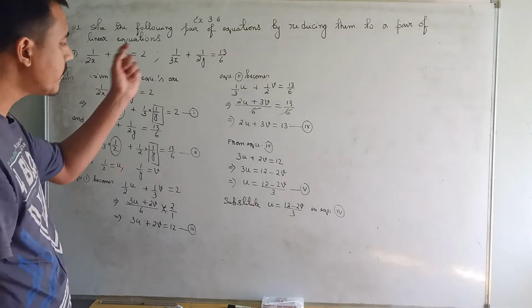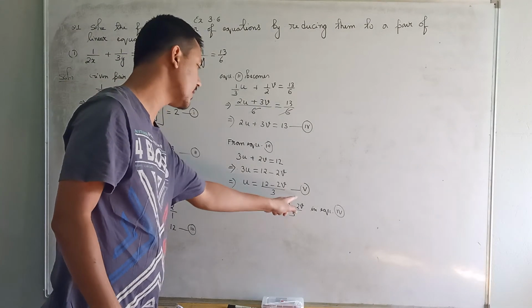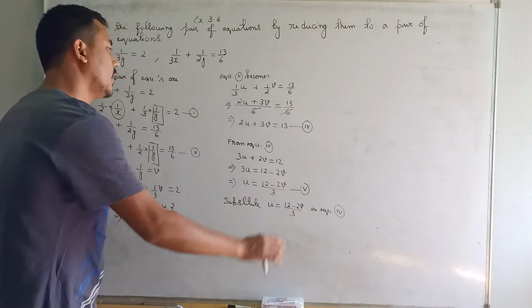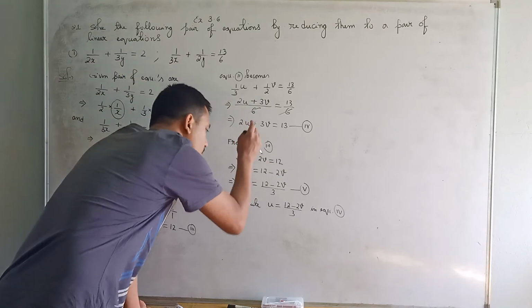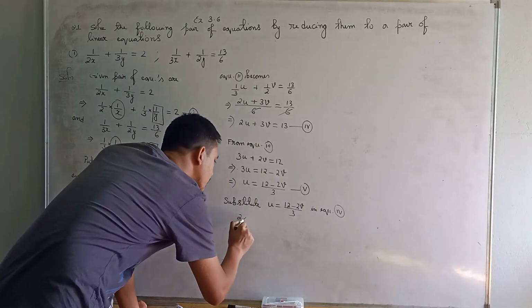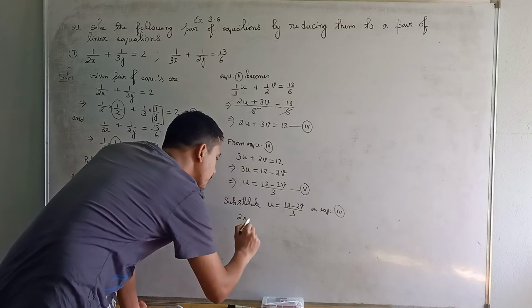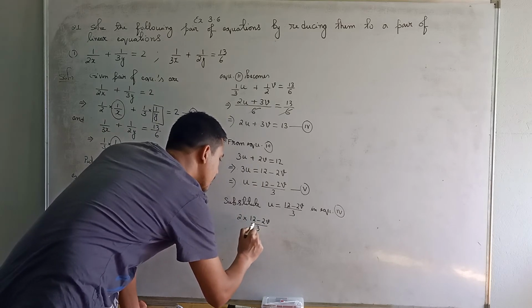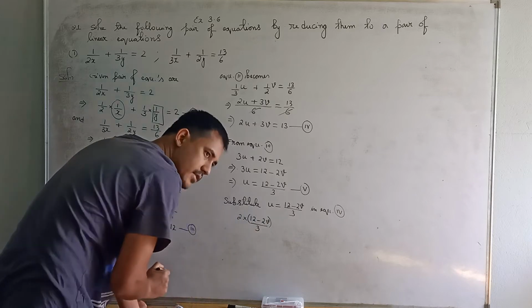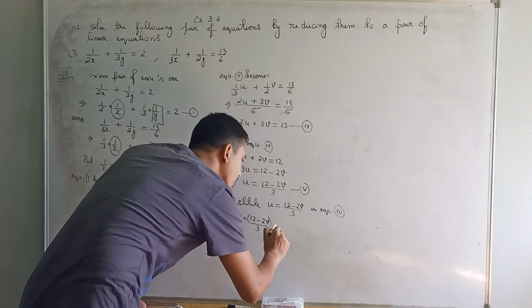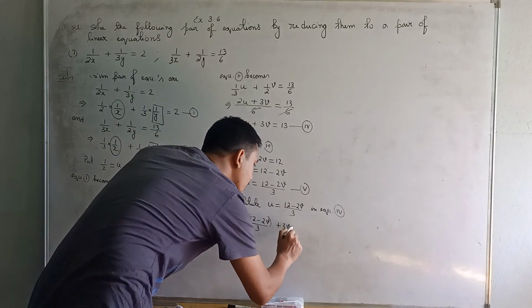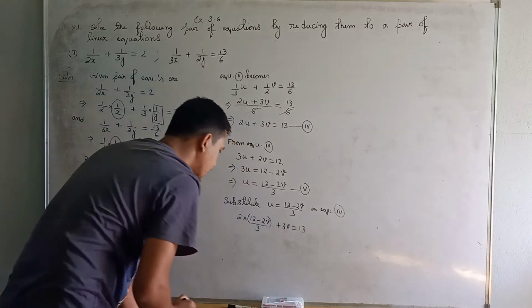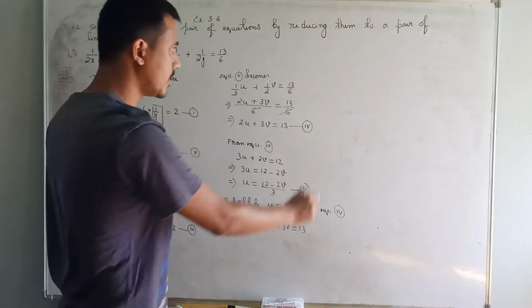Wherever there is u, I'm going to replace it by this value. Equation 4 starts with 2u. So 2 times u. What is your u? 12 minus 2v upon 3. We can enclose it like this. And then we have plus 3v is equal to 13.